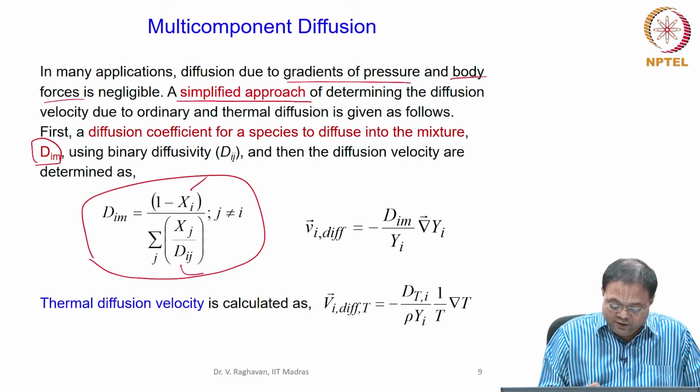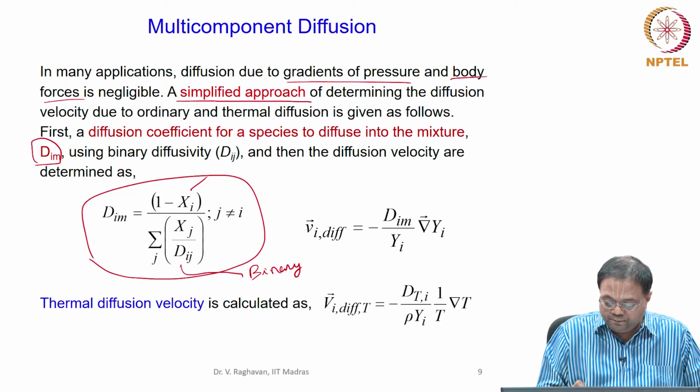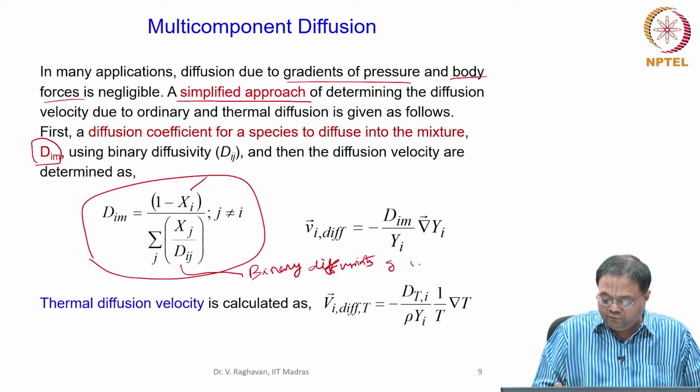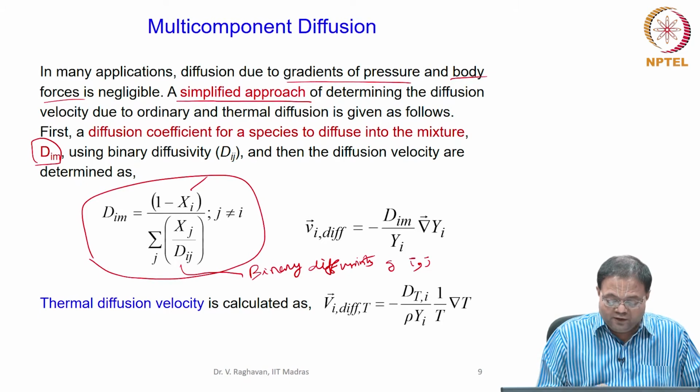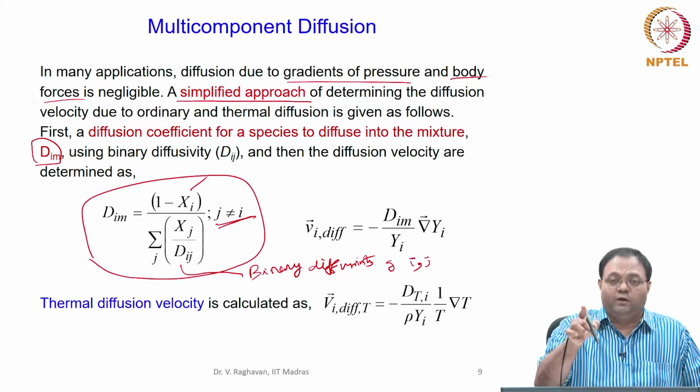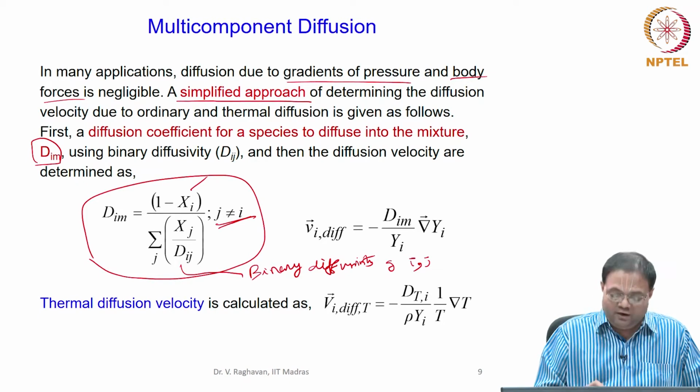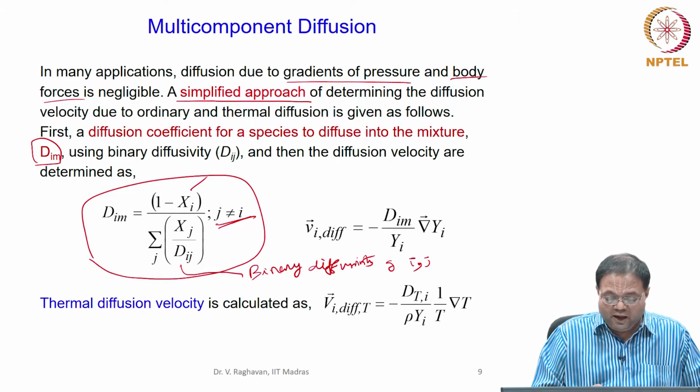Here DIJ is the binary diffusivity of a pair of species I and j. When j varies, it should not be equal to I, because if j equals I, then DII will come and that will be equal to 0.